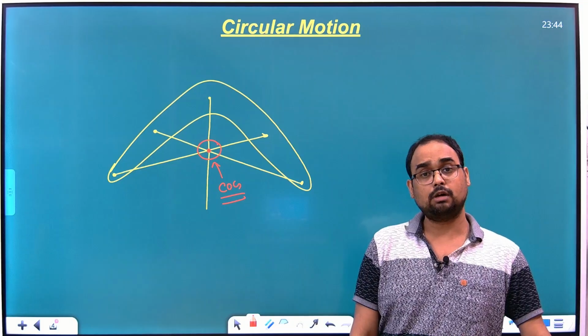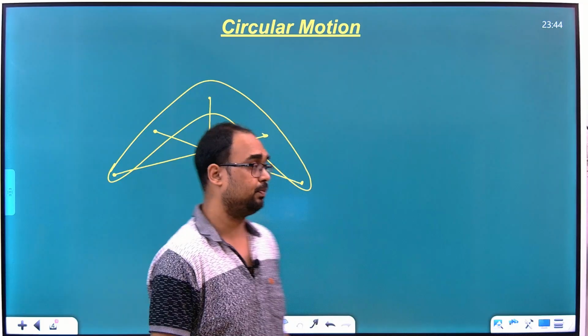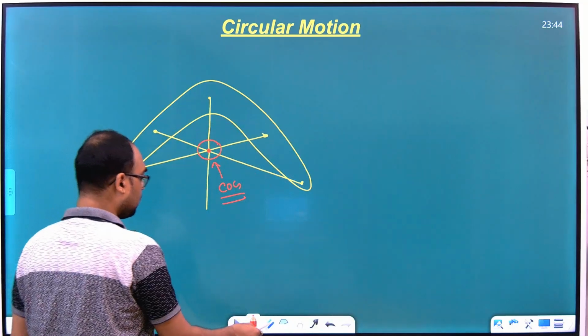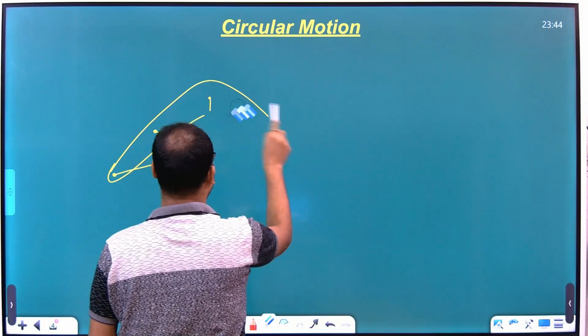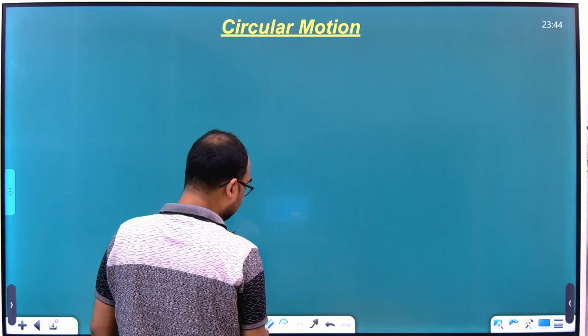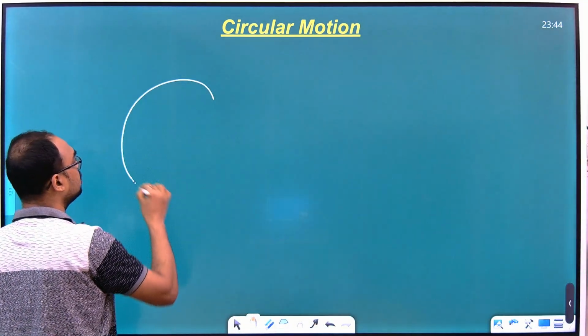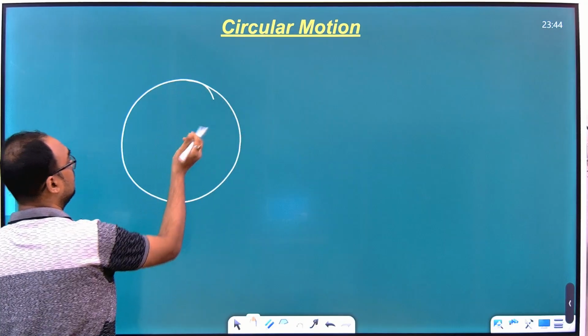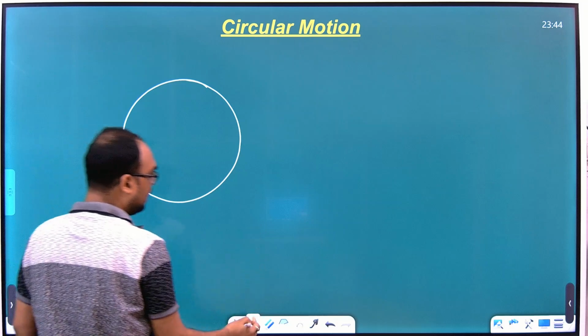Okay, so now let's continue with the next topic, that is circular motion. Now, let us assume that a particle is moving in a circular motion. The particle is over here.